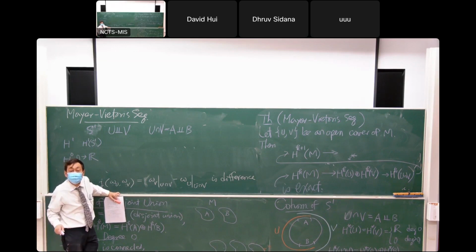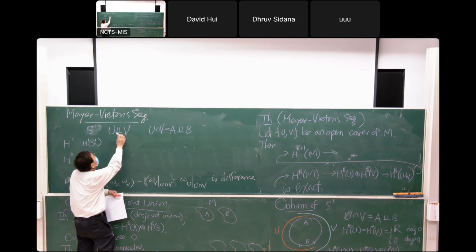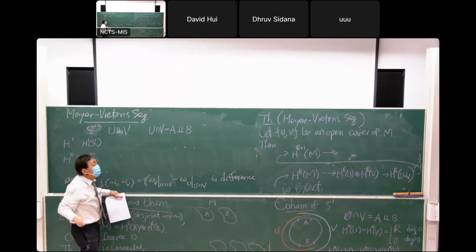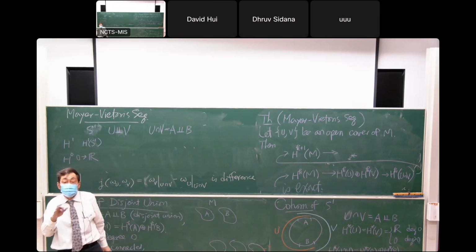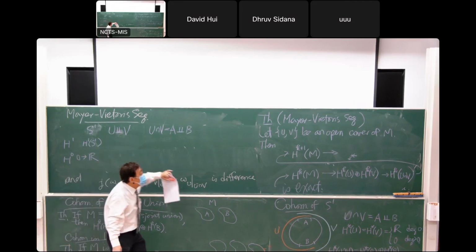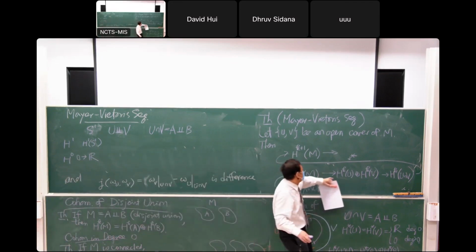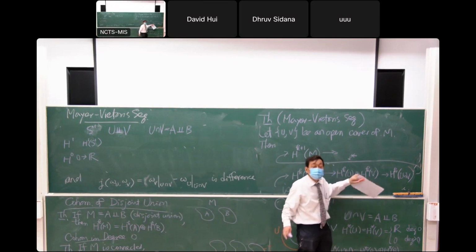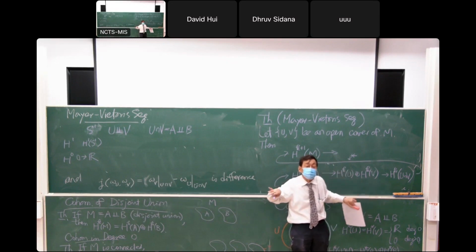Oh, right, just a minute. Oh, you know what? U and V have intersection, right? But here, because what I want to write down is Hk of U, direct sum Hk of V, I'm going to separate U and V, okay?